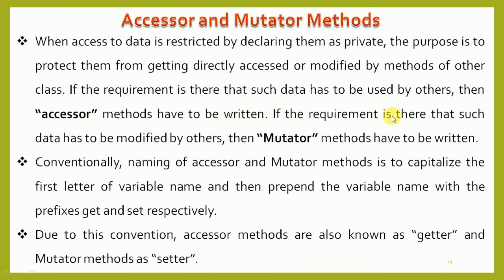If such data has to be modified by others, mutator methods have to be written. For naming, capitalize the first letter of the variable name and prepend the prefixes get and set respectively. Due to this convention, accessor methods are also known as getters and mutator methods as setters.